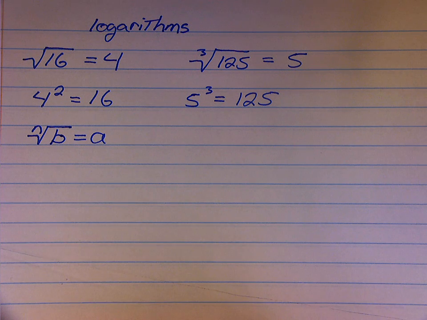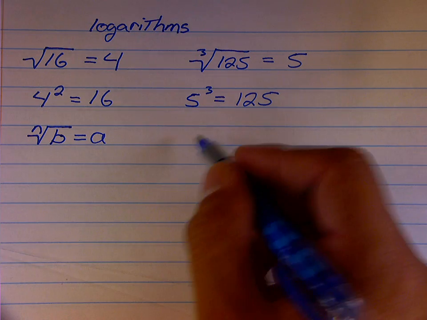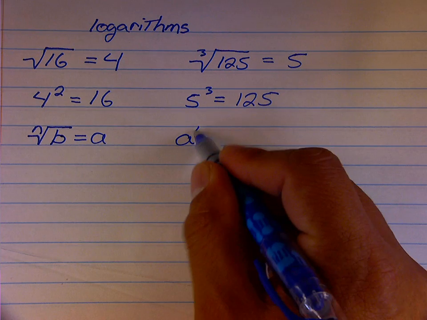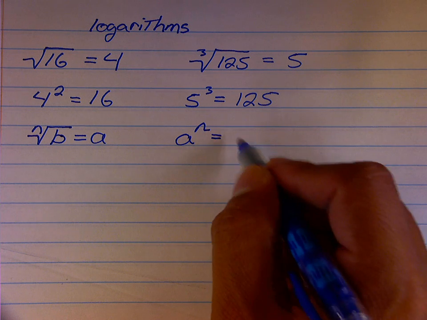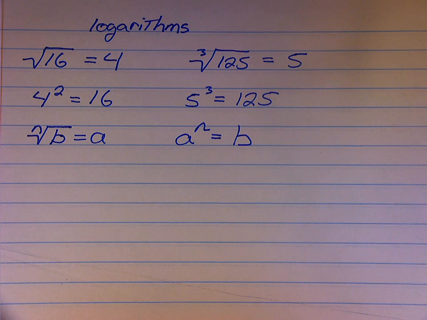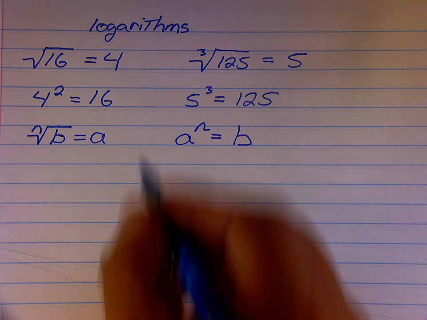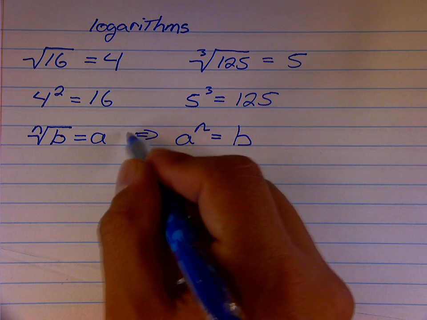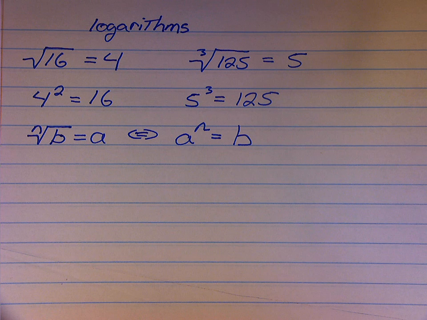This sentence is equivalent, let's see what I'm saying: the nth root of b equals a. Why? Because a times itself n times is b. These two sentences say the same thing.